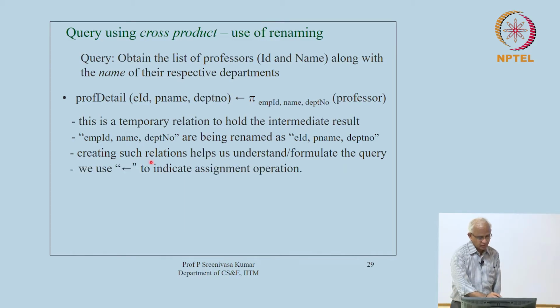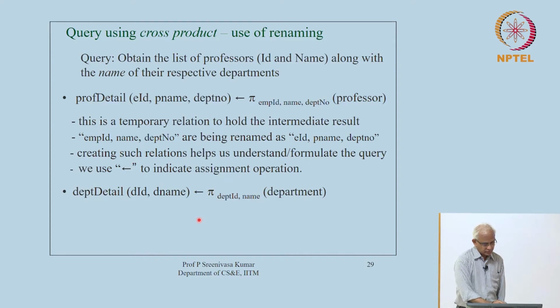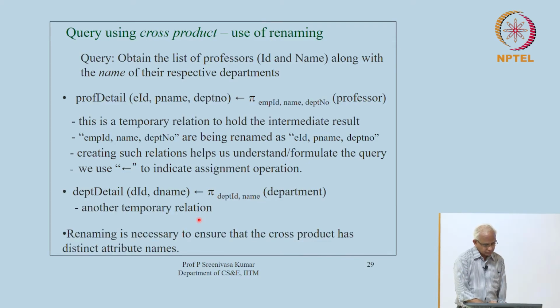In a similar way we have the department detail also as a temporary relation, and we are using this left arrow to indicate assignment operation. This is also another temporary relation.